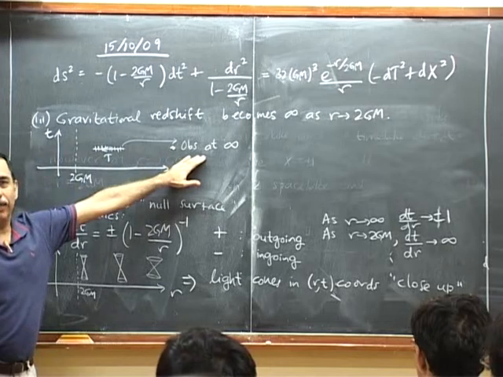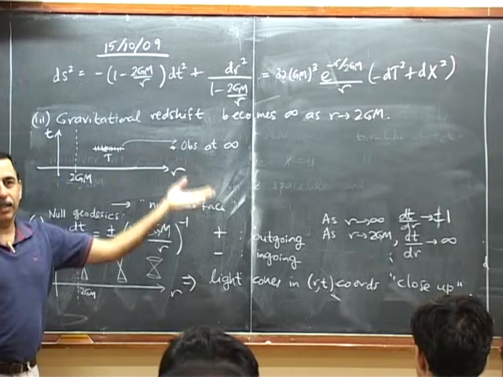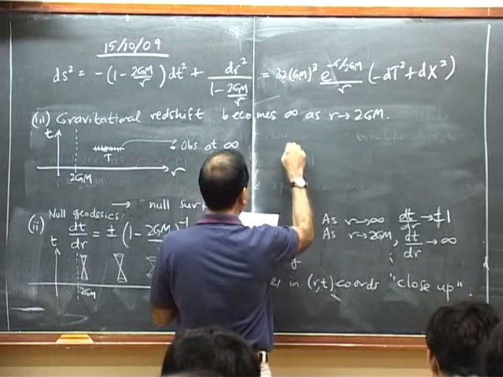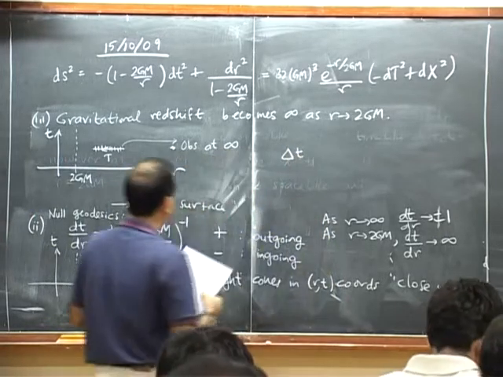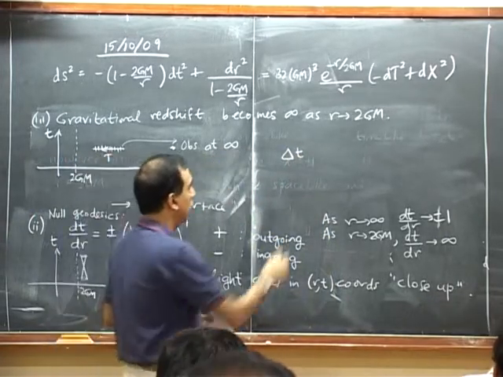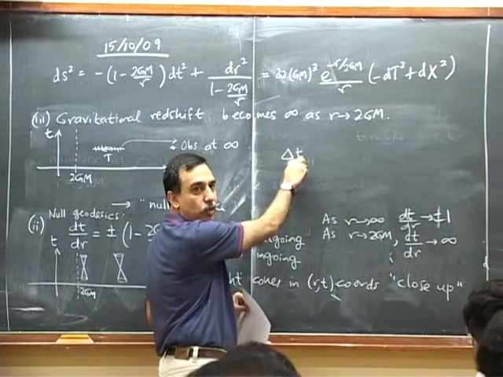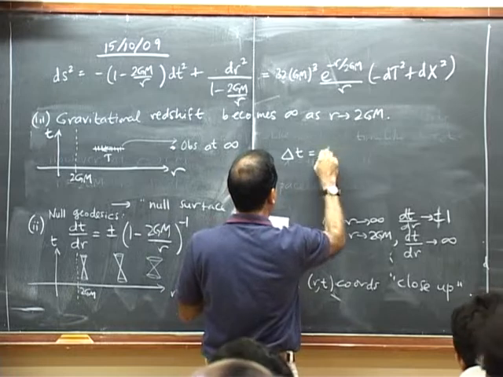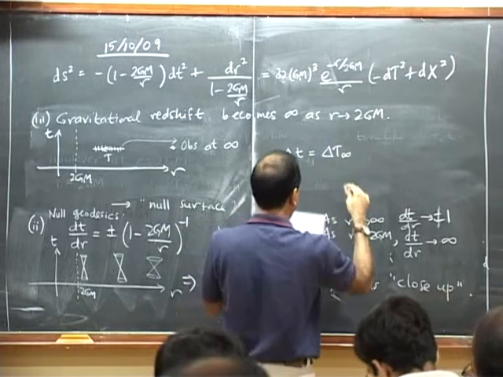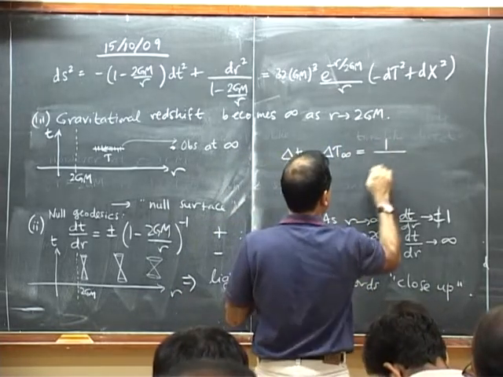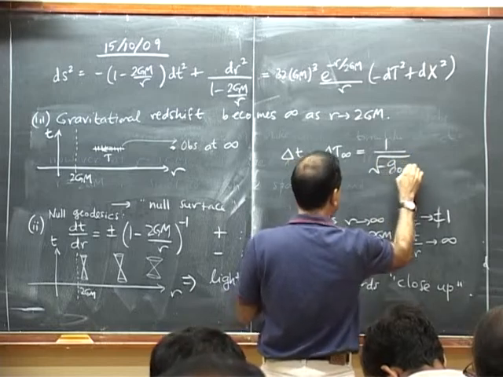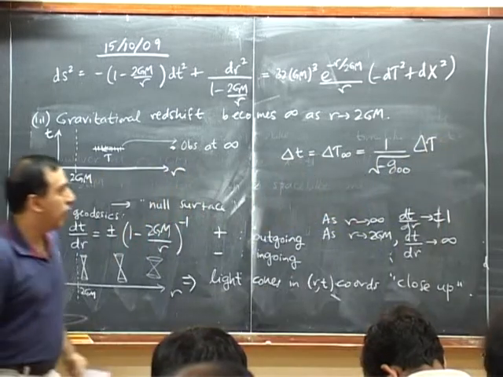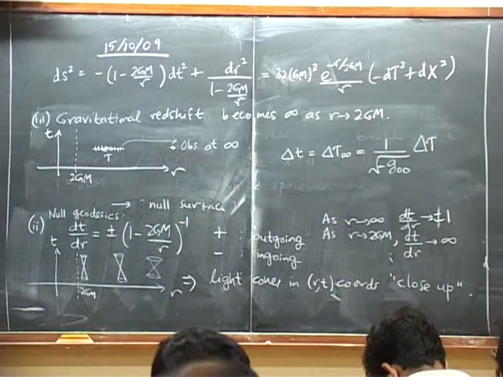Now that beep that's emitted travels here, and the fact that it's moving away from the source of gravitational field to infinity where there's no gravitational field causes the redshift, and we know the formula because we've already derived it. The formula is that the intervals observed at infinity, where the proper time is same as coordinate time because the whole thing is flat, are 1 by root minus g00 times the intervals reported by the falling observer.